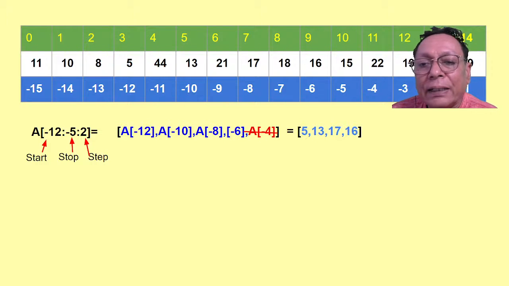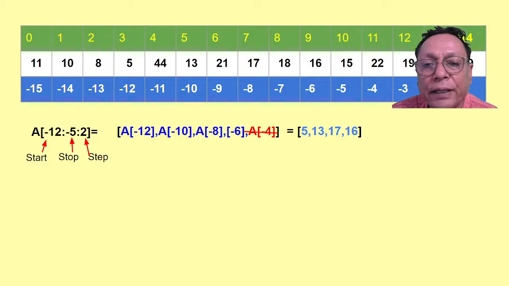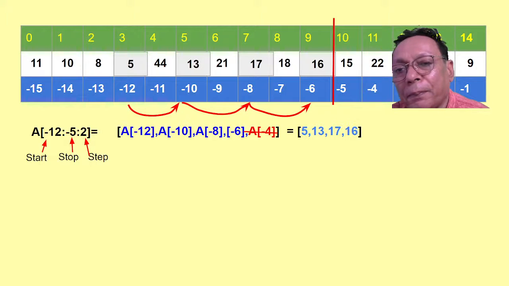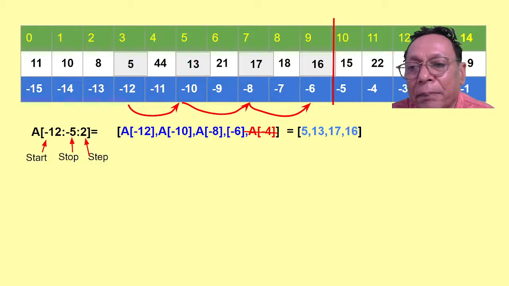So this way we'll get 5, 13, 17, and 16 from left to right, because the step is positive. On index -12 we have 5, on index -10 we have 13. So 5, 13, 17, and 16 is the slice we'll get from this list if we apply slice -12, -5, and +2. See this way: -12 to -10, -10 to -8, -8 to -6, and this is all, because we cannot move beyond this.